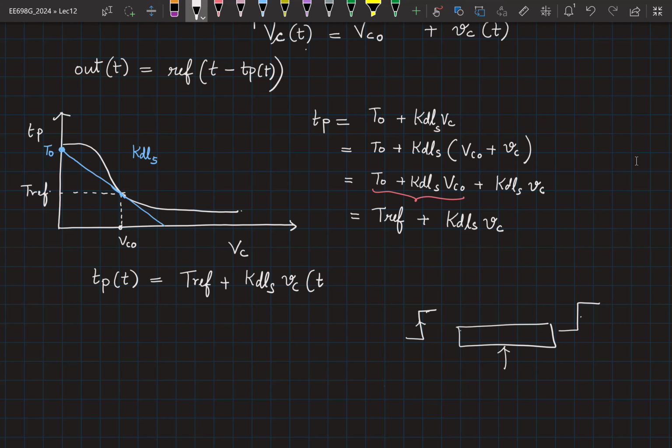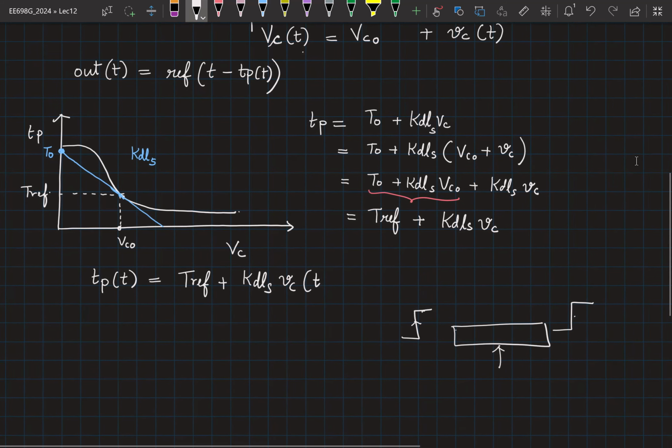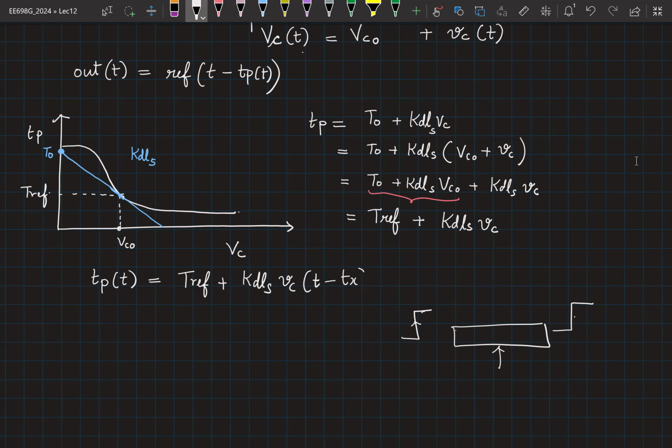So even if I write VC, it is VC of t minus some duration, right? Any comments on what this duration should be? Any approximate value you can give? It has to be lesser than Tref. Assuming Tref was a nominal delay, this edge, once it enters, can take up to Tref to come. It will be closer to Tref. Right?